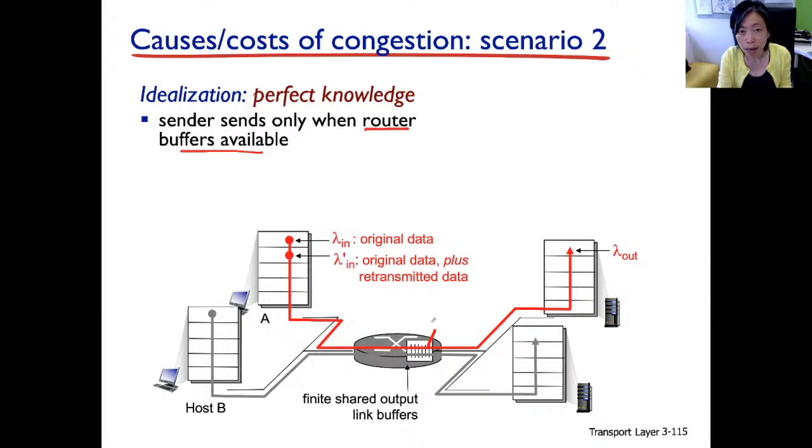And that goes back and we remove the copy. This is when the sender has perfect knowledge of the routers in the middle of the internet. In this case, there's no need for retransmission either, so lambda in prime is essentially the same as lambda in, and lambda in is essentially lambda out. So you see the same curve. We could have lambda in increasing and we get the same lambda out up to the capacity of the link.